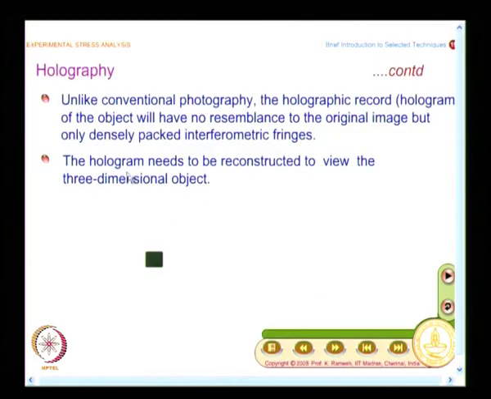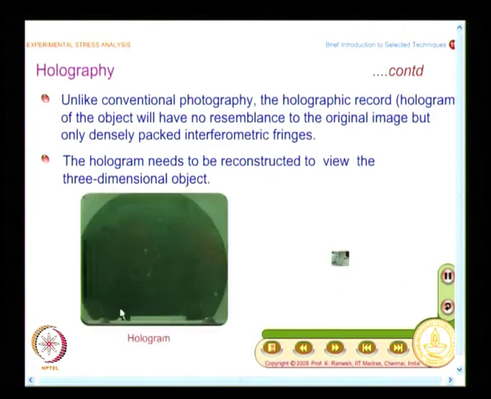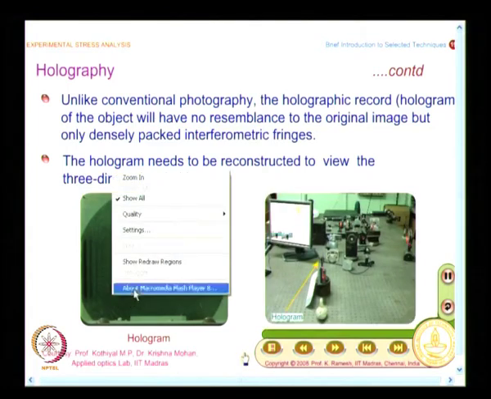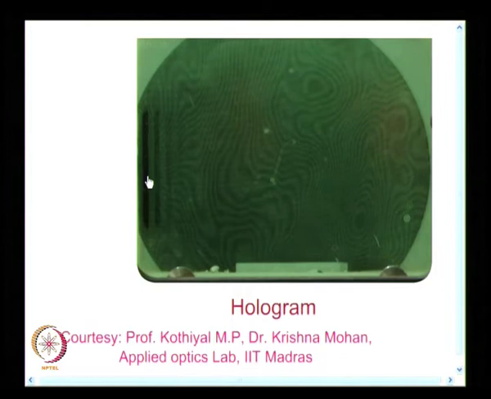This is the fundamental difference. So the hologram needs to be reconstructed to view the 3 dimensional object. For the set of Ganesha and Swan, if you look at the hologram, it is like this. We will see that enlarged, and this is what I see. Do you make out anything here? You see only some funny fringes on this.